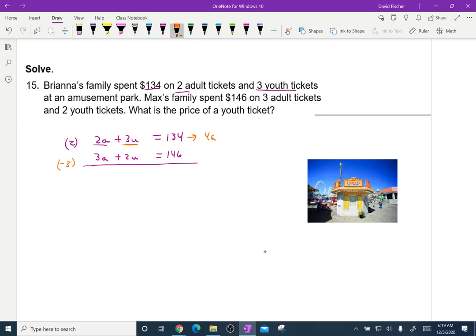I got 4 A's plus 6 U's, and 134 times 2 is 268. I'm going to multiply this one by a negative 3, so that's going to be a minus 9 A's. There's my minus 6 U's that I needed, and 146 times negative 3 is a negative 438.